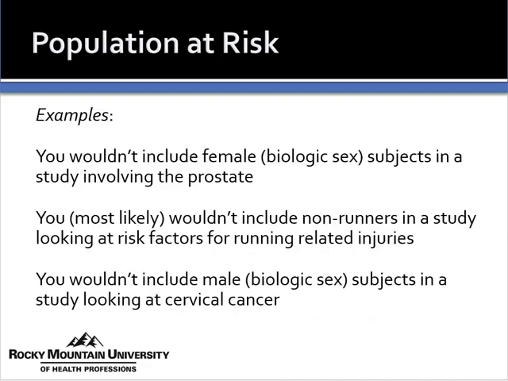Other examples of why you wouldn't want to mix apples and oranges. You wouldn't want to include female subjects in a study involving the prostate. You most likely wouldn't want to include non-runners in a study looking at risk factors for running-related injuries. And you wouldn't include male subjects in a study looking at cervical cancer.